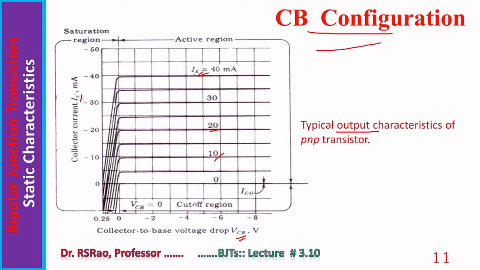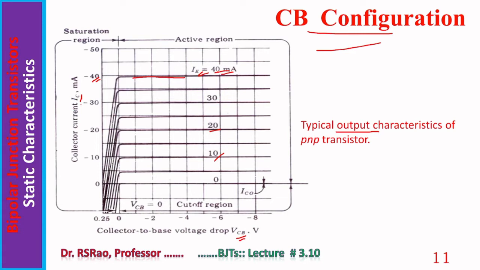This is one point. Another point is, notice this particular curve represents IE equal to 40 milliamperes, and it is at an IC of 40 milliamperes. So IE and IC are almost equal.